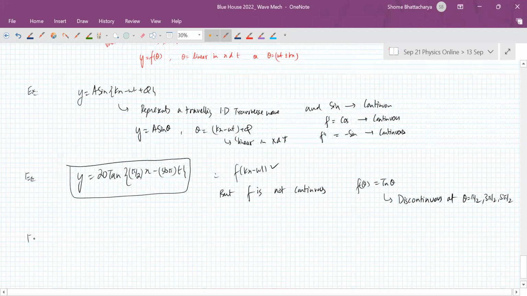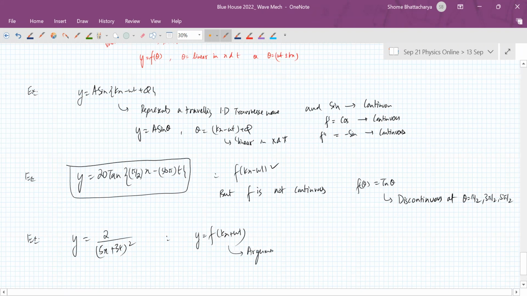Or for that matter, if we have a function of the type, so this is again y as a function of kx minus omega t, or even if we make it plus, it's fine. So the argument is linear in x and t, but for this term 5x plus 3t being 0, y is undefined.